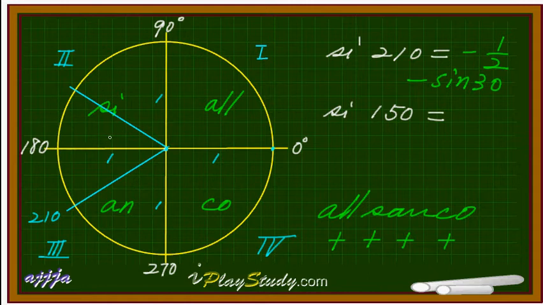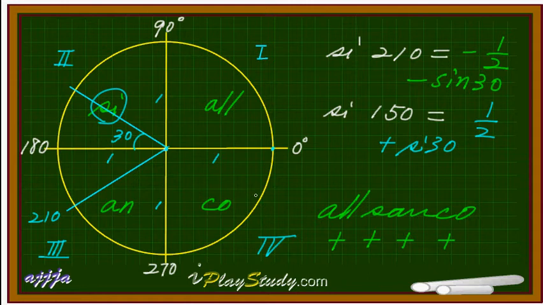How far from 180? 30, very simple. You can use 30. As for the positive or negative business, in the second quadrant sine is positive. That's why this answer is positive sine 30, which means half.